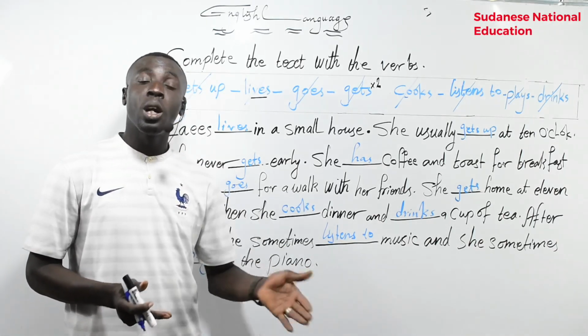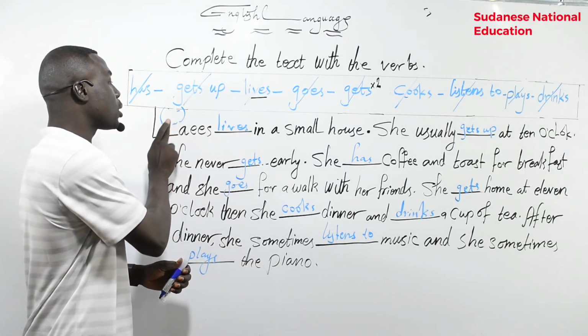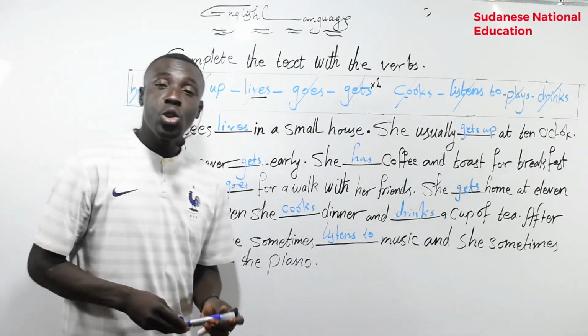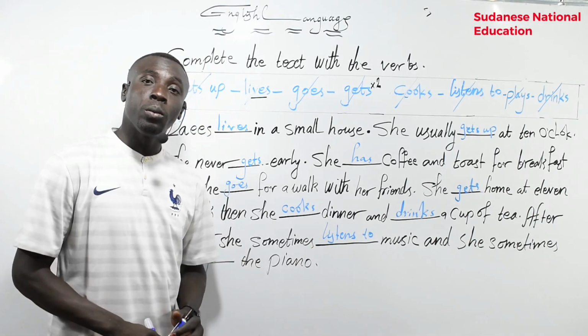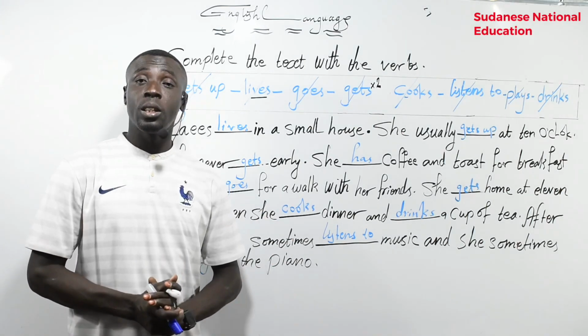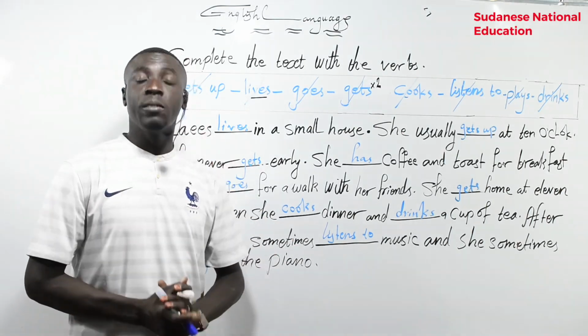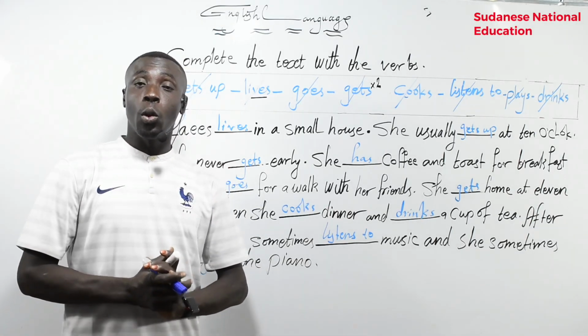We never use s or es. But when we use the subject he, she, it, the verb comes with s or es. I hope you will practice talking about yourself with your friend or with someone else that is close to you.